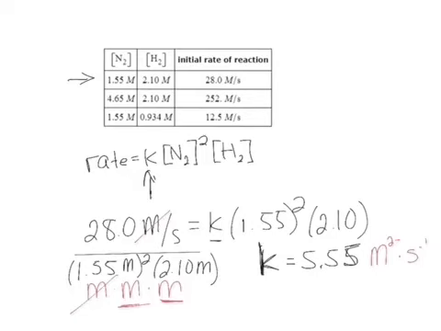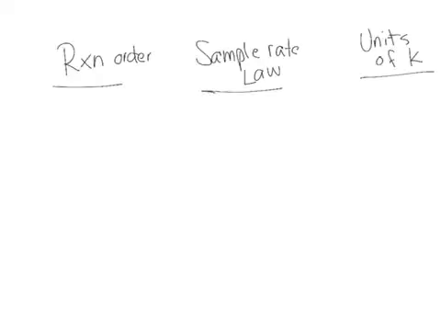These are the units of k for an overall third order reaction. So now let's take all of the reaction orders, 0, 1, 2, and 3, and we'll definitely stop at 3, and write out a sample rate law and what our units of k would be for each of them.